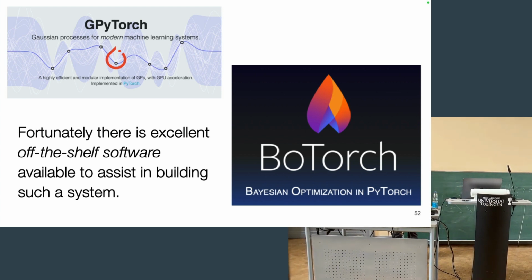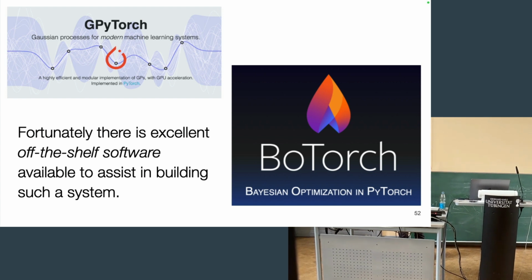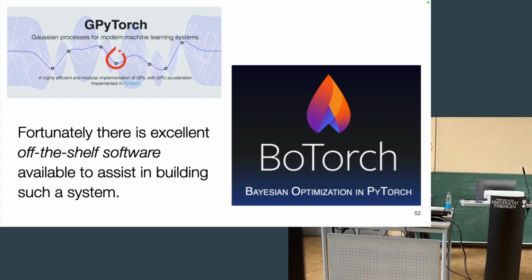The GPyTorch developers all received shout outs in John's talk earlier this morning. They've also thought really deeply about sparse approximations and numerical efficiency and scaling to really large data sets and using GPUs and all that kind of fancy stuff. And so you can take the software off the shelf and you can build pretty sophisticated Bayesian optimization routines on top of them with relatively little work.